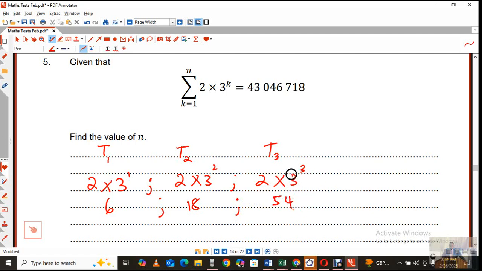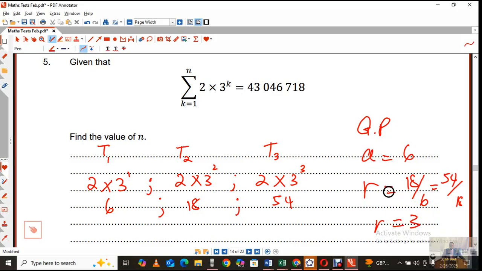It's 54. Naturally, this can't be an AP because 18 minus 6 is not the same as 54 minus 18. So this is a GP with a first term equal to 6, and our R will be 18 divided by 6, which is the same as 54 divided by 18. R is equal to 3. So we know this is a GP.